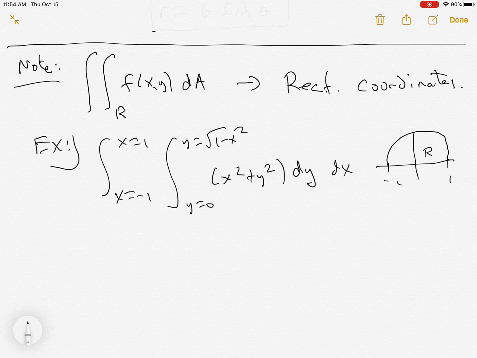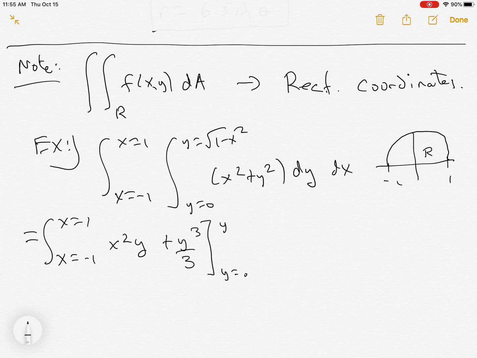It's one of those paraboloids, I think. Doesn't matter. Let's do some integrations, right? So in the first round, when you integrate, you get x squared y plus y cubed over 3 evaluated from 0 to the square root of 1 minus x squared, and now you're left with dx.